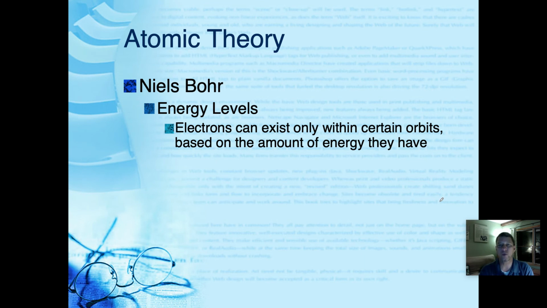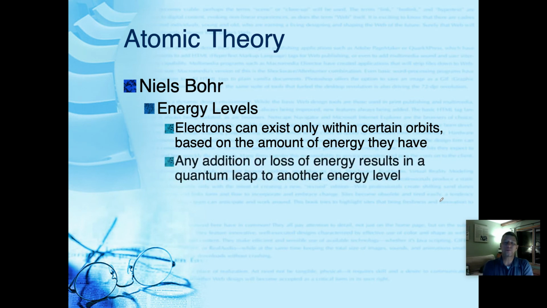All right, so just because you're talking about the first shell doesn't mean that the electrons in the first shell of a hydrogen have the same amount of energy as the electrons in the first shell of a sodium or an aluminum. Okay, so the electrons themselves, according to Bohr, can exist only within certain orbits, and this is based on the amount of energy they have.